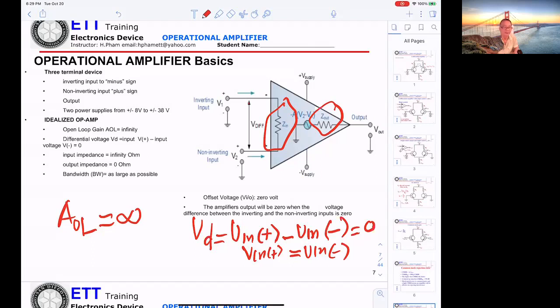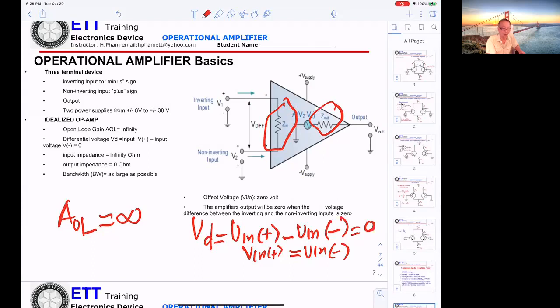No current can flow into the input of the op amp. And the output impedance, we want it to be 0. The difference between input 1 and input 2, the difference between positive input and negative input, they call a voltage difference, the differential input.